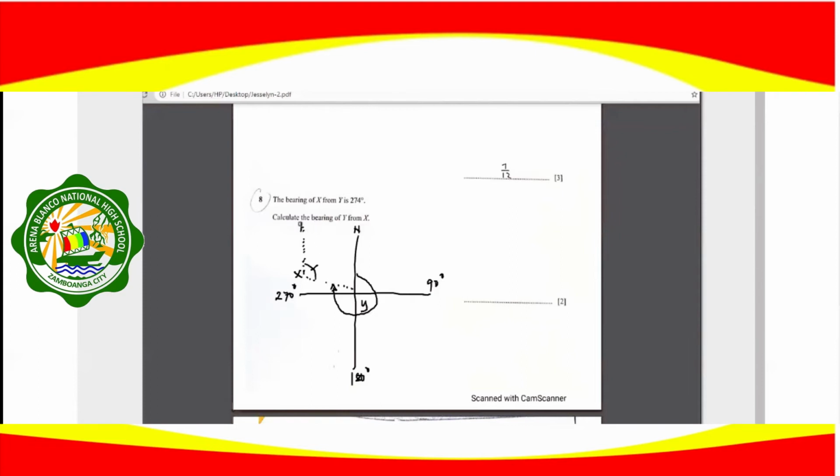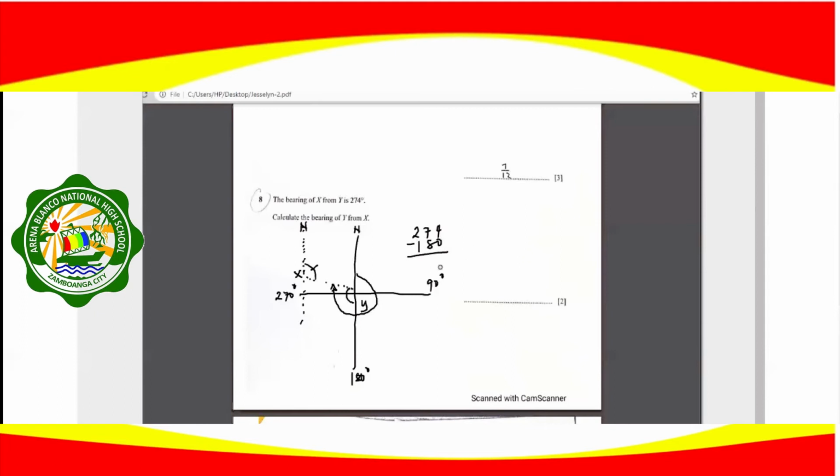This will be our north line. Okay. So we need to get this angle here. Correct, Jesseline? Yes. Because we know that this line is parallel to this line and this angle is alternate with this angle here. Correct? Yes. So to get this angle, we compute 274 minus 180 degrees.